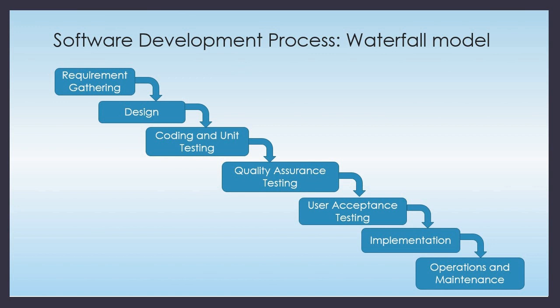After the user has accepted the software, it needs to be implemented, and the operations and maintenance part of that software is done as a whole life cycle after implementation.